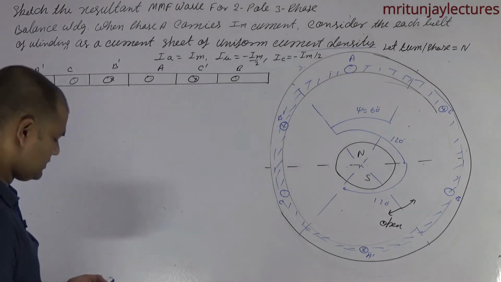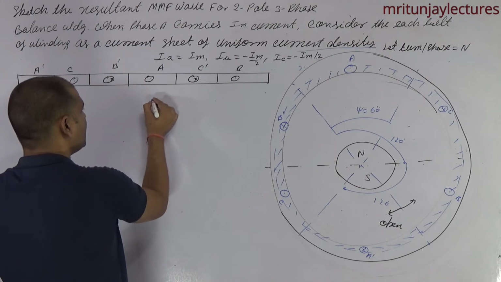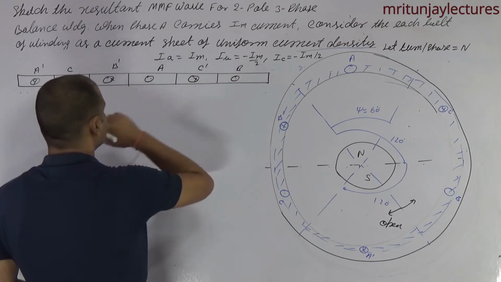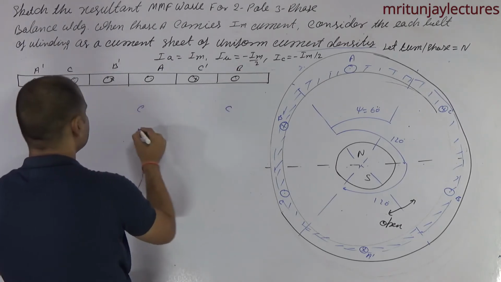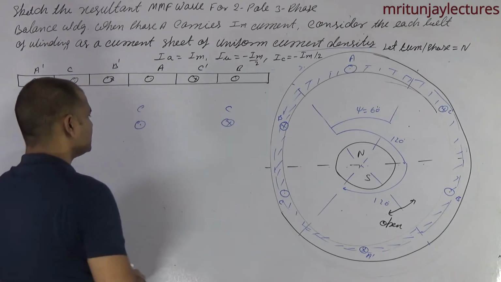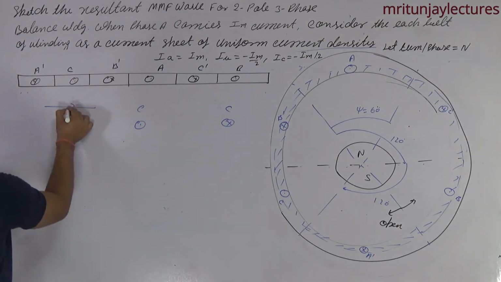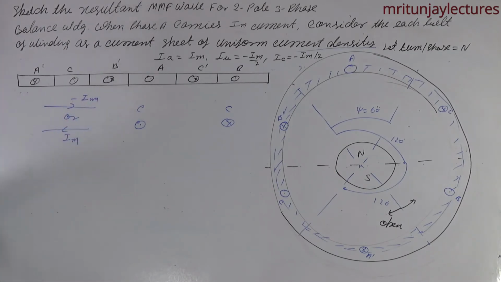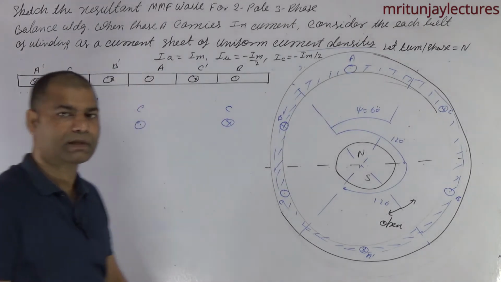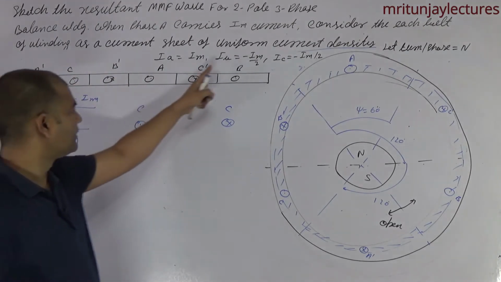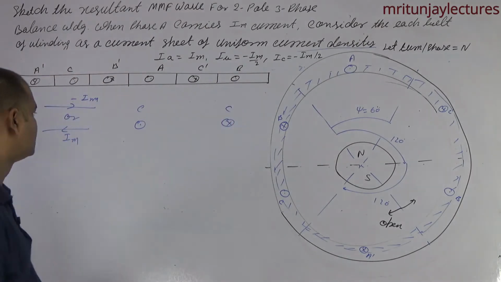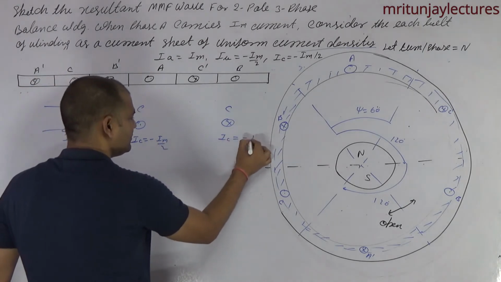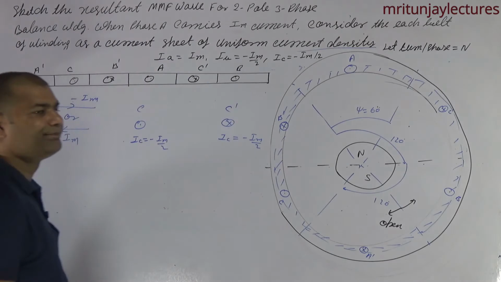Now, first of all take C dot, and this is cross. I know that if Im and minus Im are represented like this, it means the actual Im is like this. IC is equal to minus Im by 2.